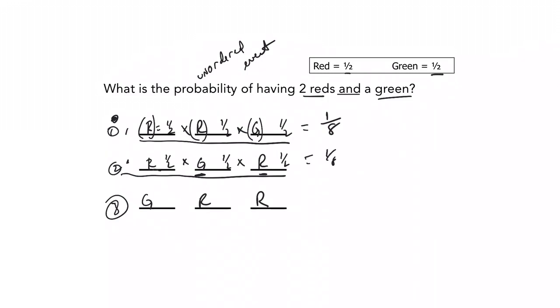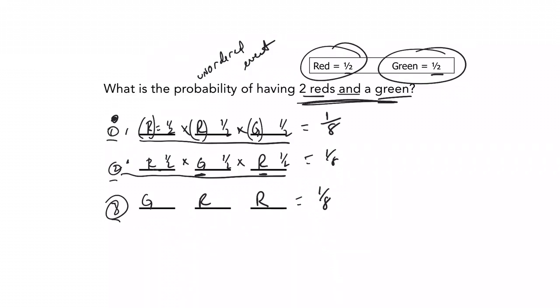So our probability for each of these 3 events is simply 1/8, because we're not changing the individual probabilities of these independent events occurring. What we have to account for now is the different scenarios, 1, 2, or 3, that we can satisfy this condition of 2 reds and a green.